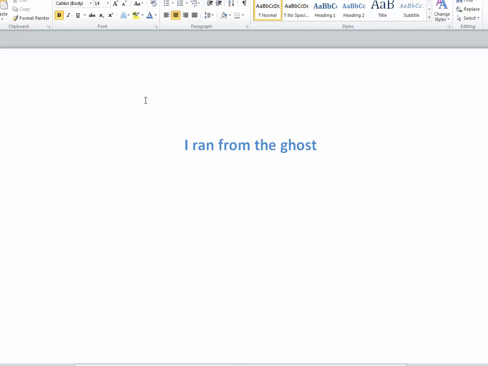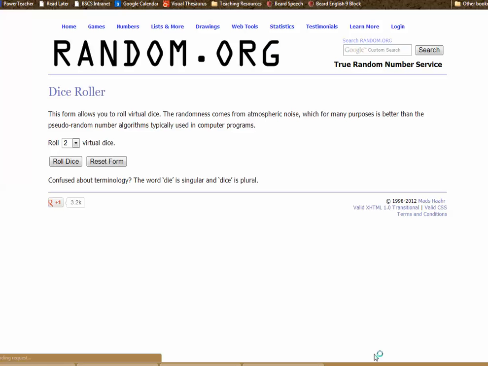The game is this. We get a simple sentence, just like this one, I ran from the ghost, and then we roll some dice to see how many words we have to add to this sentence using a clause or phrase. We use this site called random.org because it's a very useful site for generating random numbers.